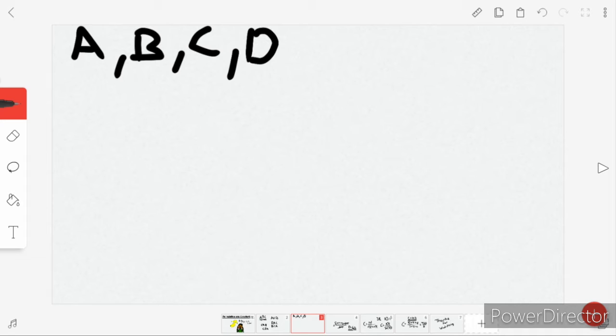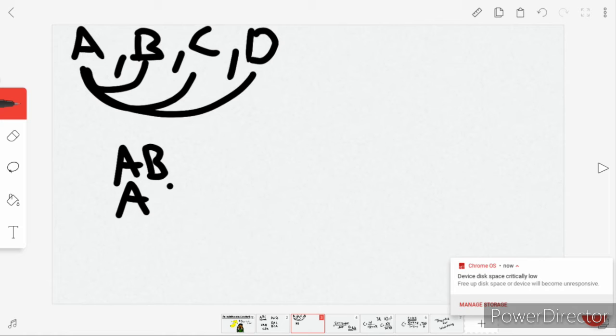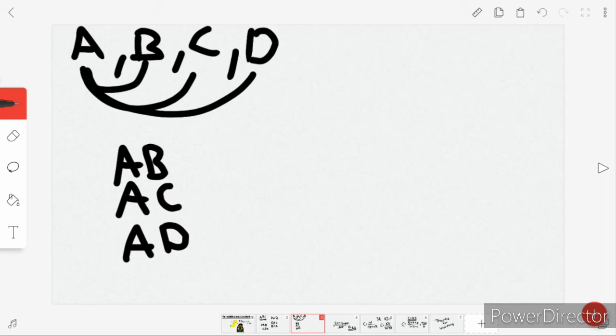So using that, we can see we have A, B, A, C, and A, D, right? So now we can also take, since we already have BA, we can make BC and BD.